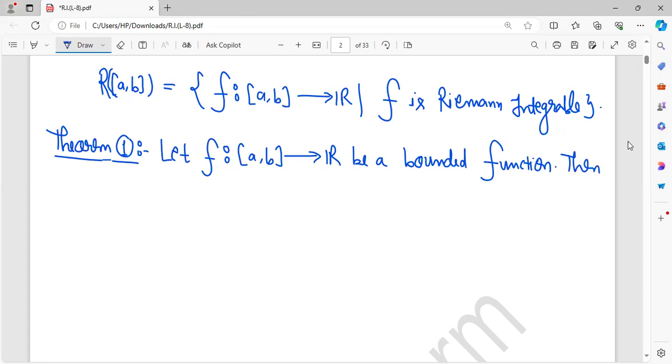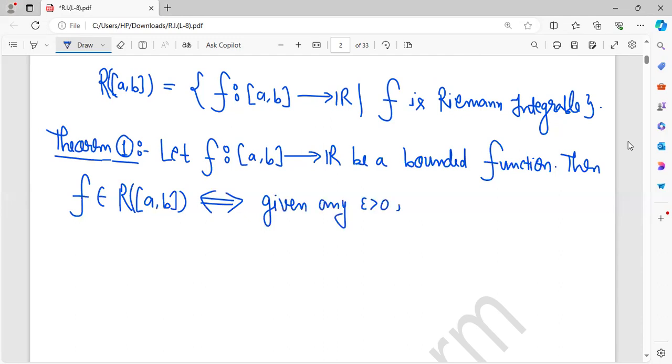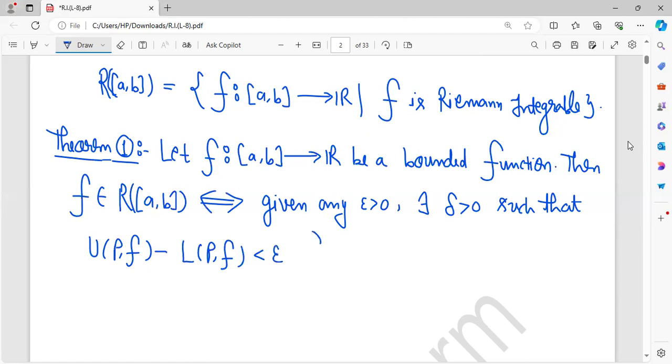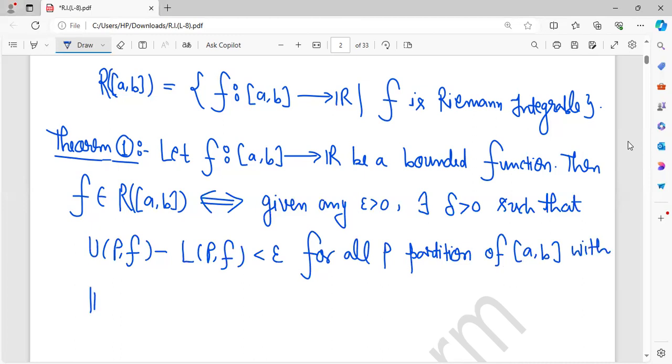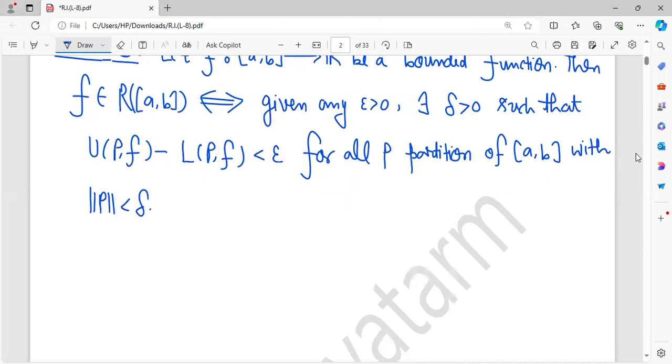Then f belongs to R[a,b], it means f is Riemann integrable, if and only if given any epsilon greater than 0, there exists delta greater than 0 such that U(P,f) minus L(P,f) is less than epsilon for all partitions P of [a,b] with their norm less than delta. So let's see its proof.